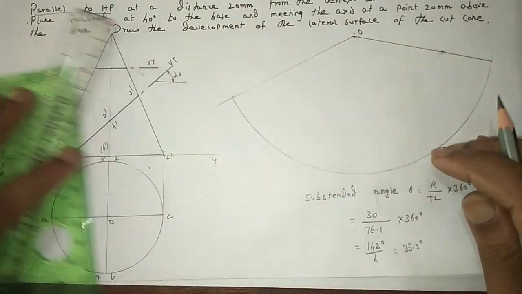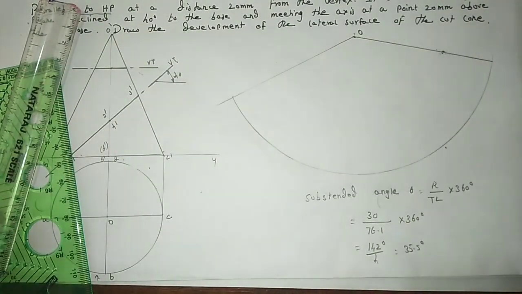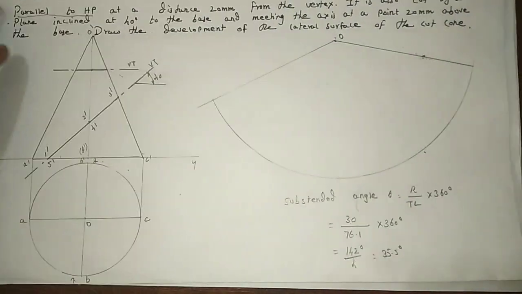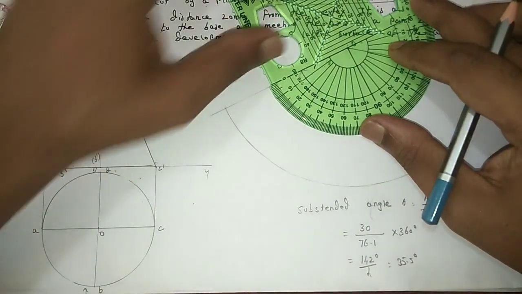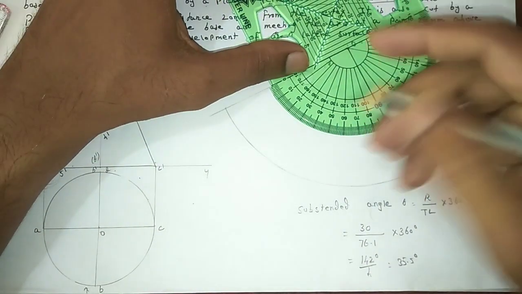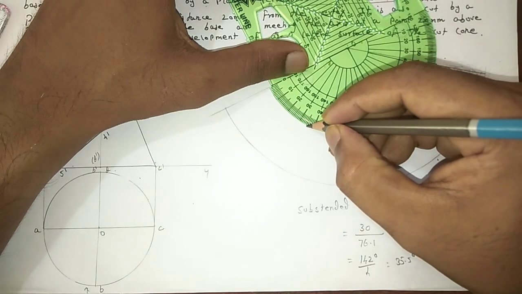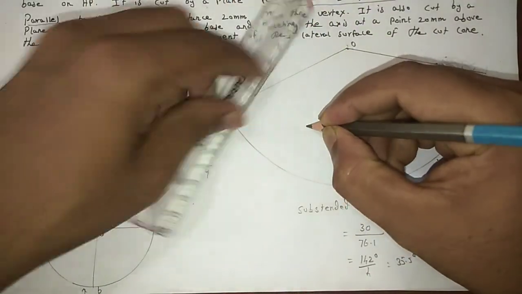And now we are going to divide this development portion into 4 equal parts. First place a protractor and take angle 35.5 degree. This is the first division.